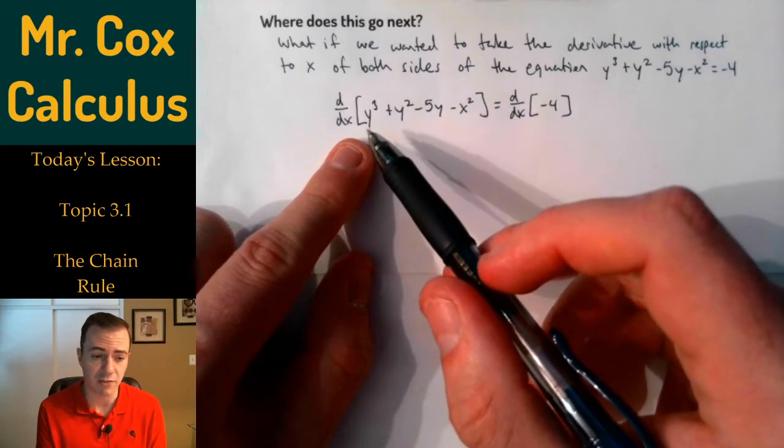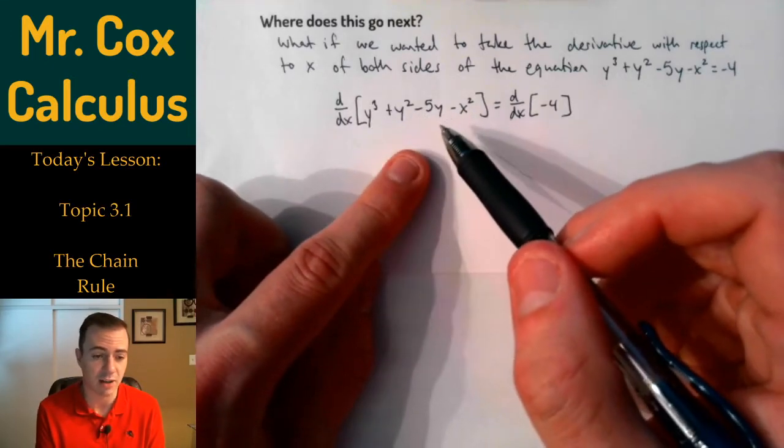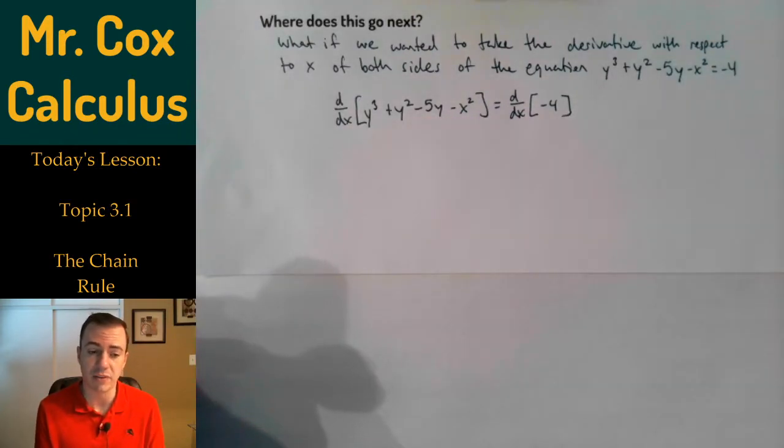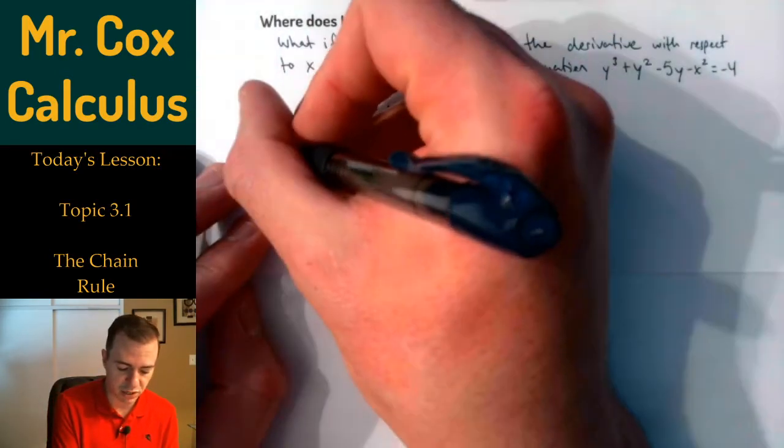But over here I've got functions of y. I've got y cubed, I've got y squared, 5y. How do I take the derivative of a function of y with respect to another independent variable, in this case x? And the answer actually comes to us from the chain rule.